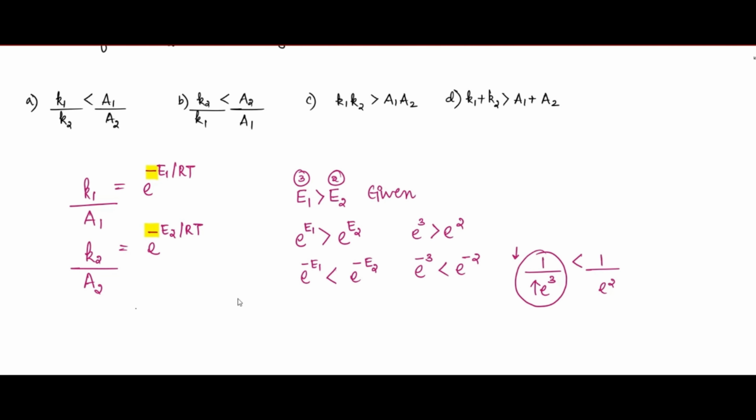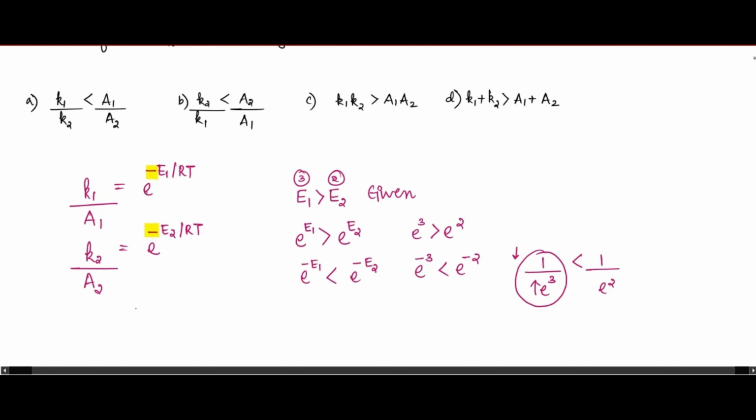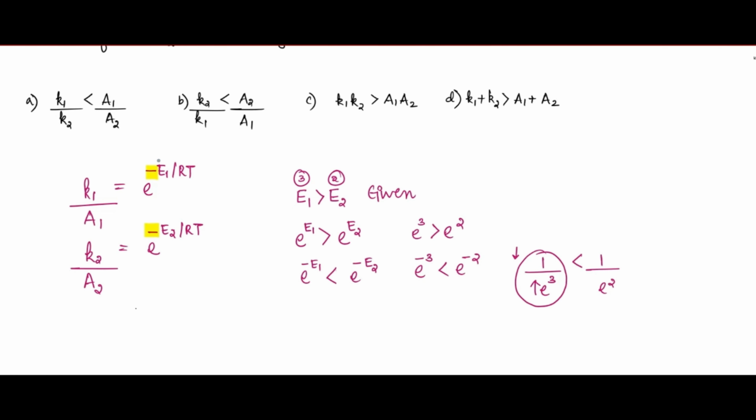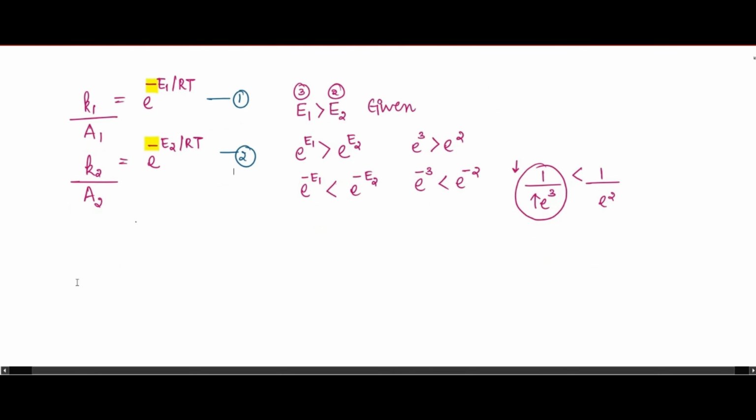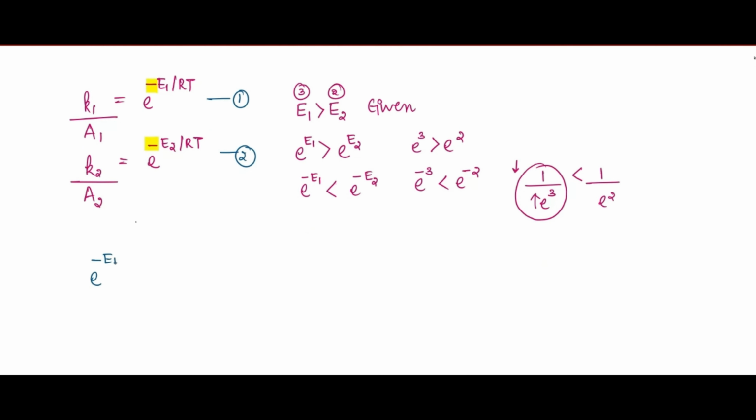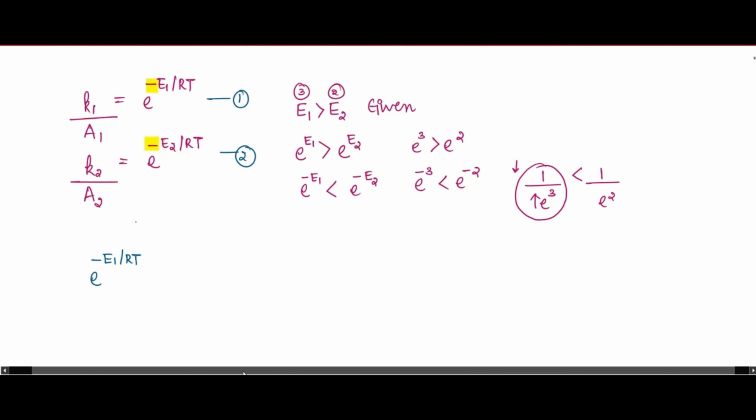Is it clear? Yes. So if we compare the RHS, this is 1 and this is 2. E to the power minus E1 by RT, since E1 is larger and the exponent is negative, is less than e to the power minus E2 by RT.